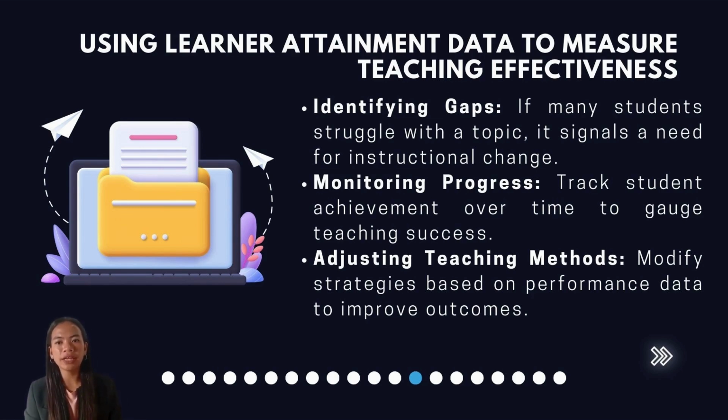How learner attainment data informs teaching effectiveness. Identifying areas of improvement. If a significant portion of the class performs poorly on a specific assessment, it may indicate a gap in teaching or the need for a different instructional approach. Second is assessing learning outcomes. Consistently high achievement on assessment suggests that students are successfully mastering the content, which reflects positively on the teaching methods used.